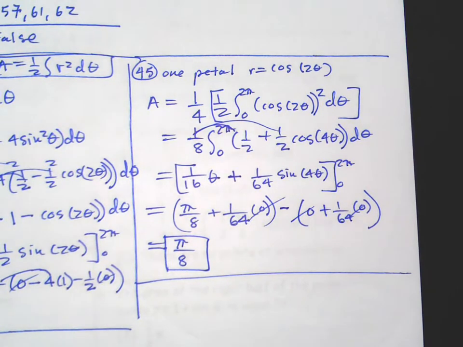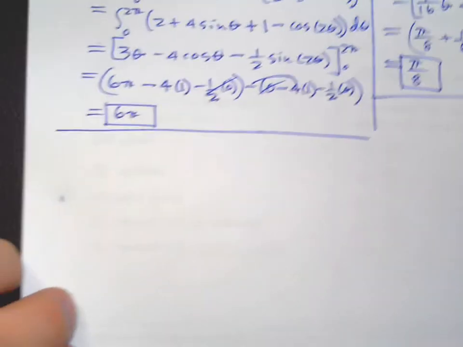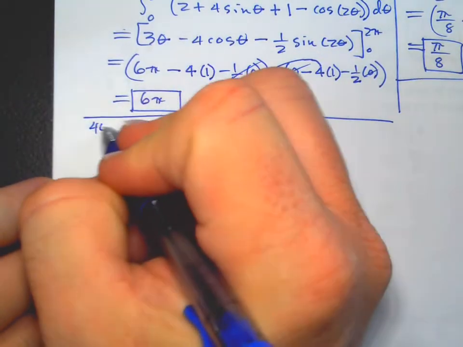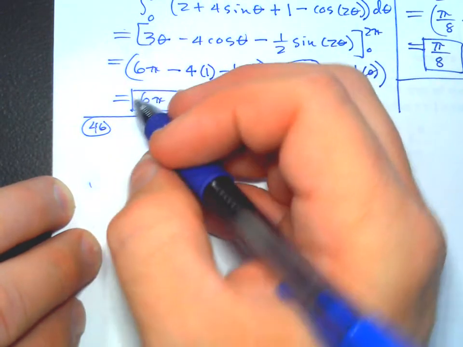Okay. So I don't really think sketches on those first two make a huge difference. The problem is where you have multiple curves, for sure. So let's see, 46 says inside the 8-petaled rose.